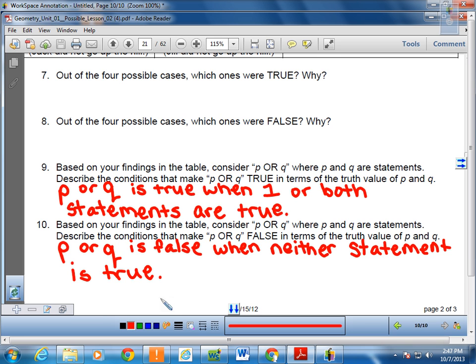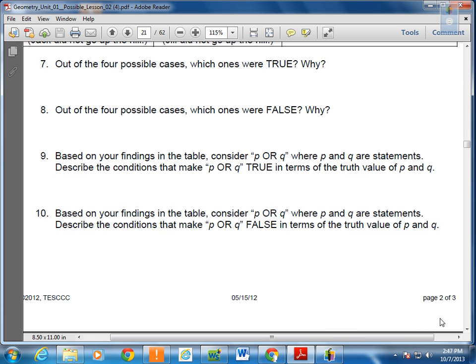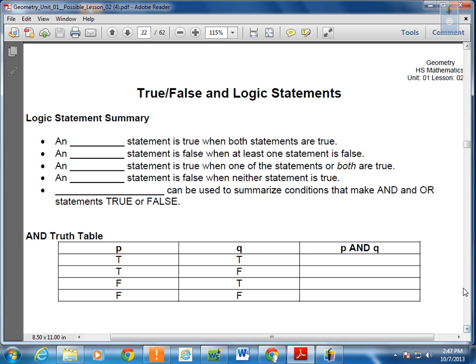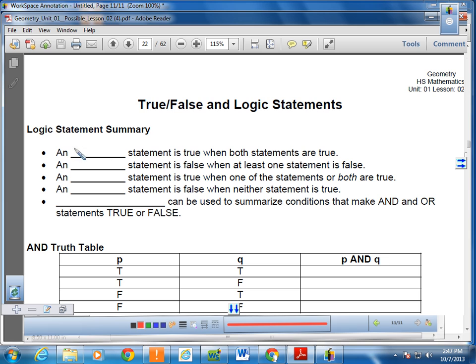Okay, moving on to our next page. True, false, and logic statements. Logic statement summary. An and statement is true when both statements are true.